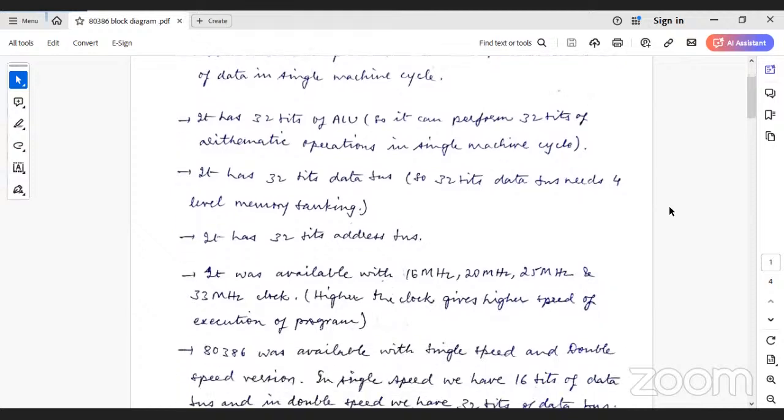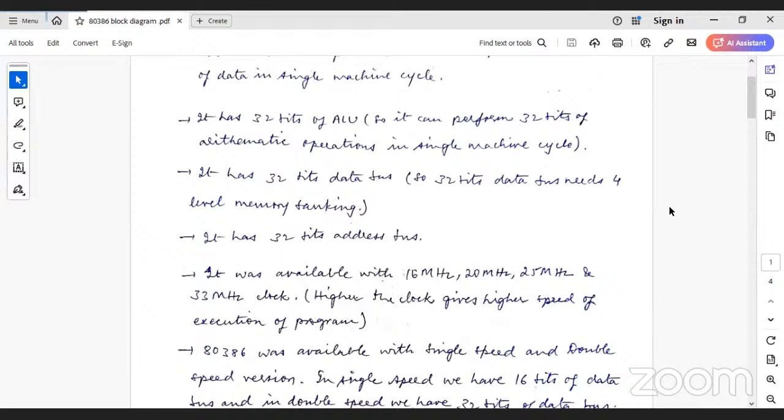Now, as I said in the beginning of the class itself, the speed increases depending upon how many bits can be operated at a time. So 32 bits, that is your data bus, was determining speed in one way, and then the clock cycle, the crystal oscillator frequency, also decides the speed of the processor.